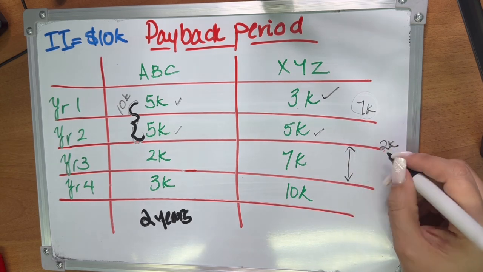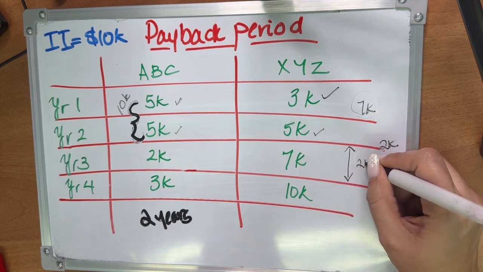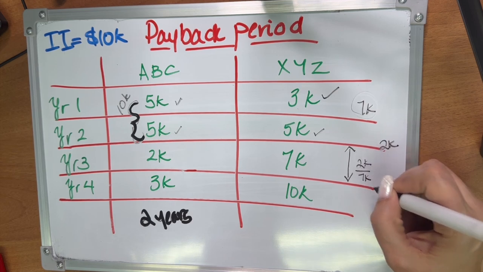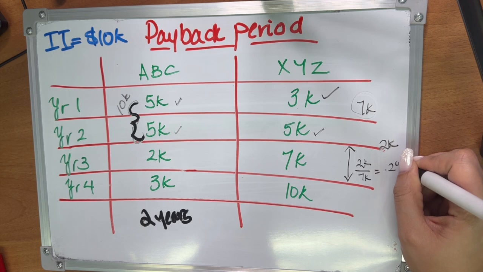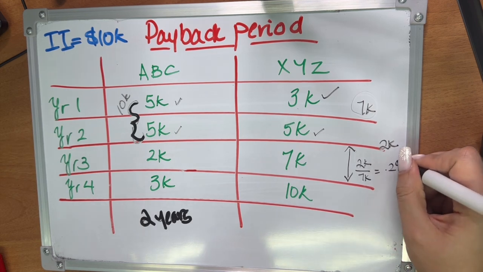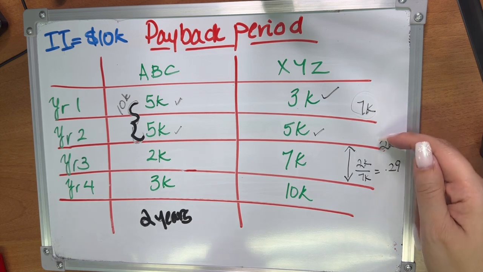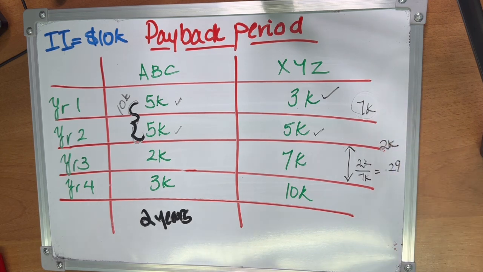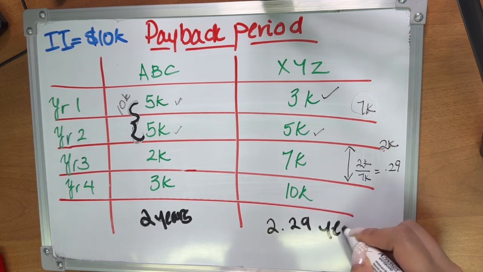So where does it fall? I will divide 2,000 by 7,000, and you get 0.29. Okay, so now I know that my payback period is 2 plus 0.29, so 2.29 years.